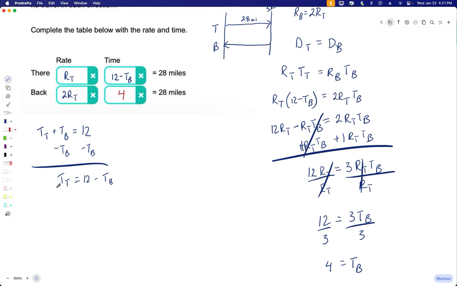If I know the time back, I can also find the time there by substituting it in. 12 minus 4, TT, the time there, is equal to 8. So I can substitute that in as well. So I have my times.